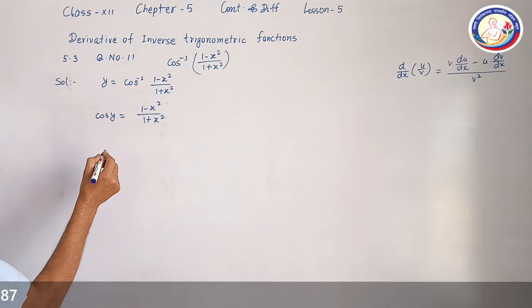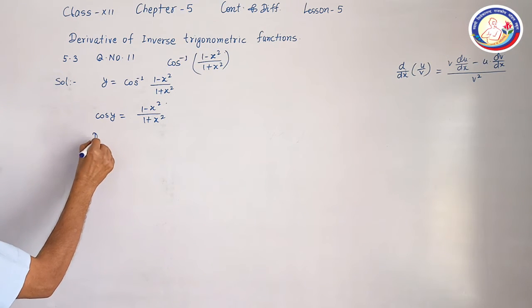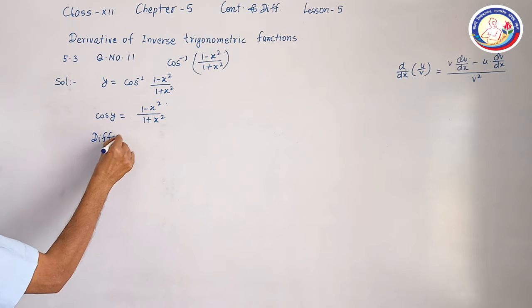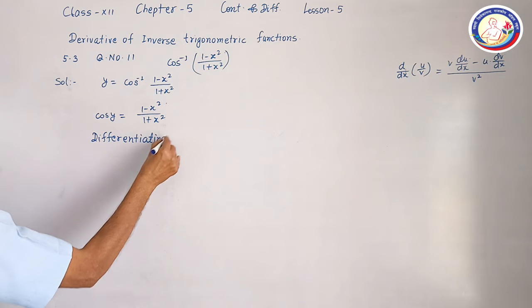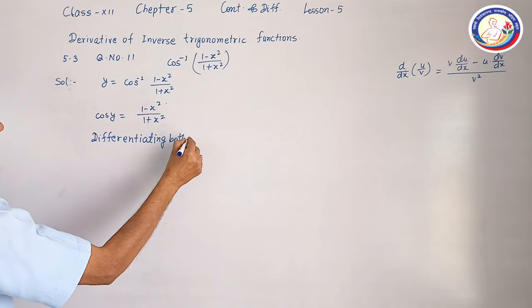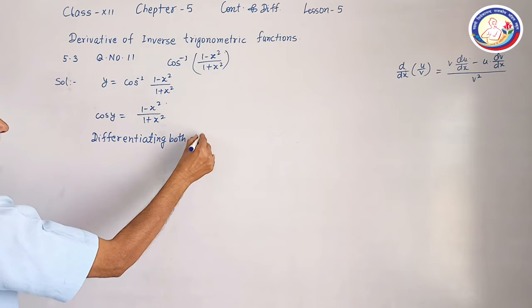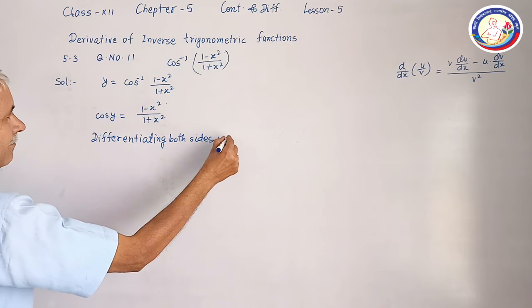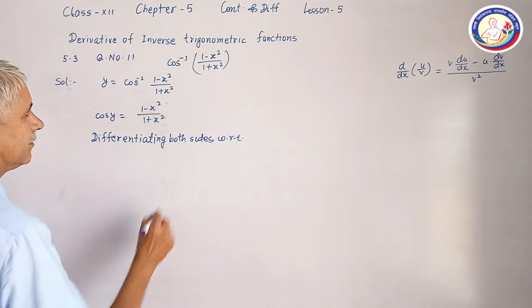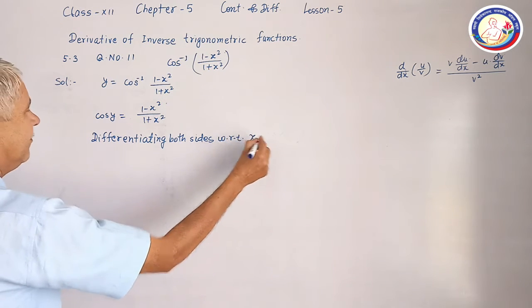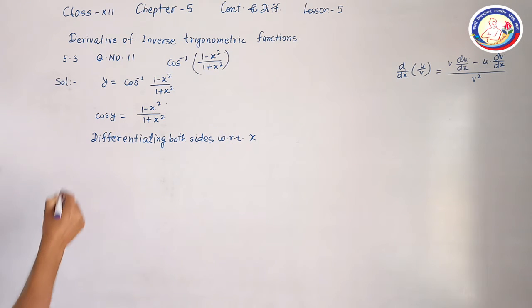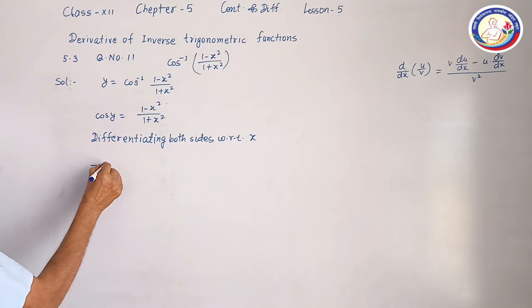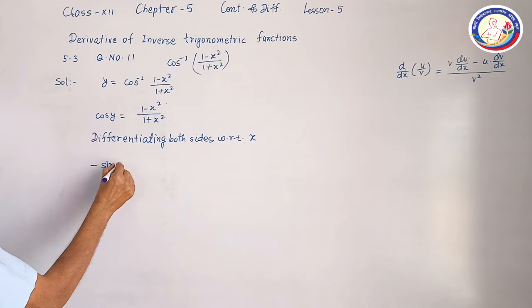Differentiating both sides with respect to x, we will have the differentiation of cos y, that is minus sin y, by our formula.